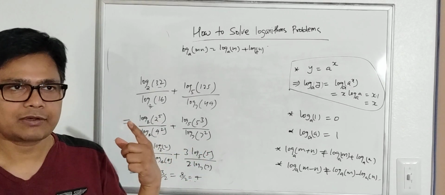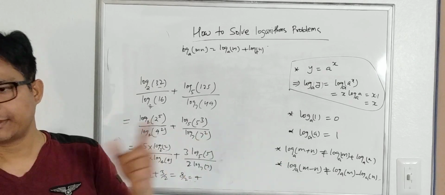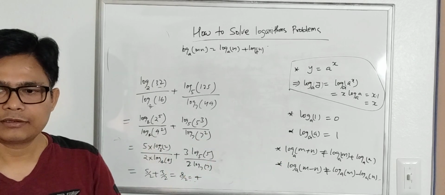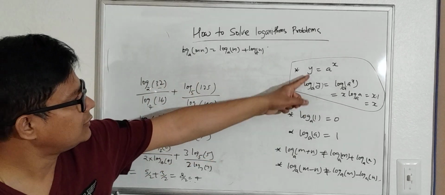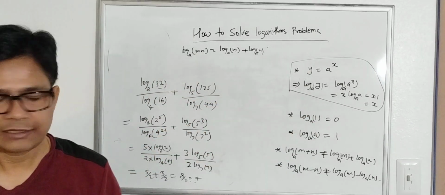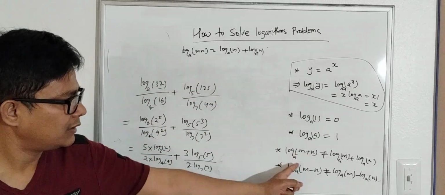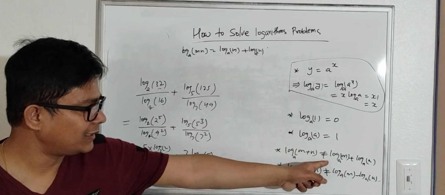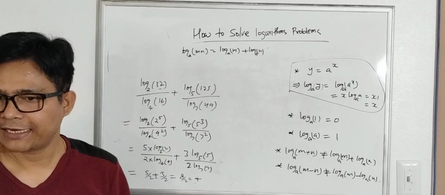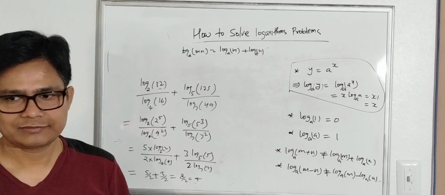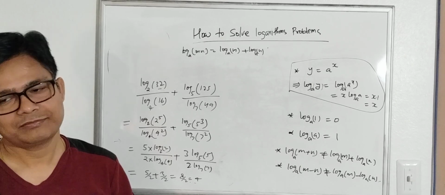Basically you have to think, how can I convert one form to another form, from this to this, this to this. And you have to remember that log of a negative number is undefined, and log of 0 is undefined.